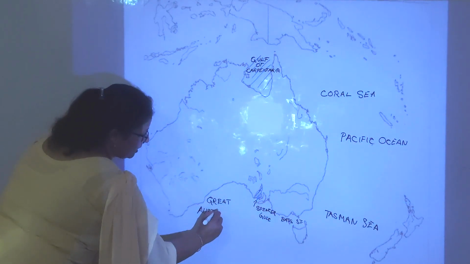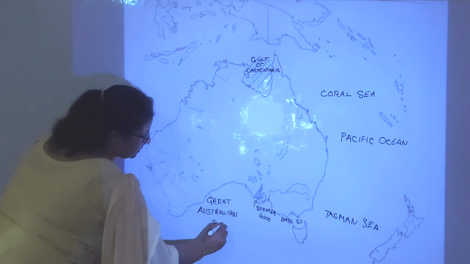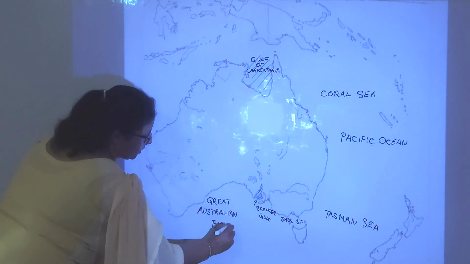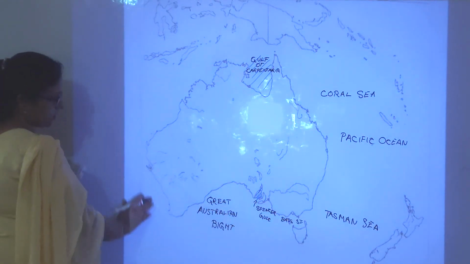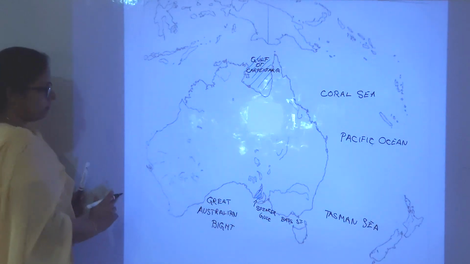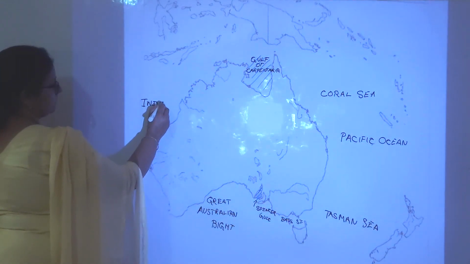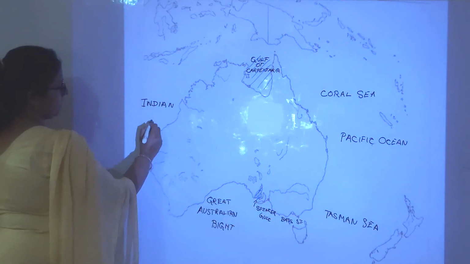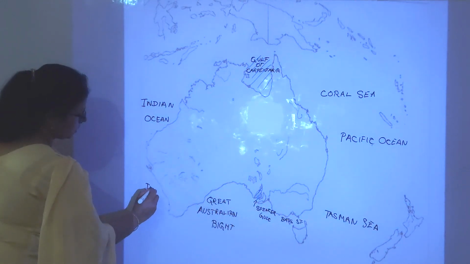All these are the water bodies in and around Australia. Now to the west of Australia, we have the Indian Ocean. All these areas are covered by the Indian Ocean.